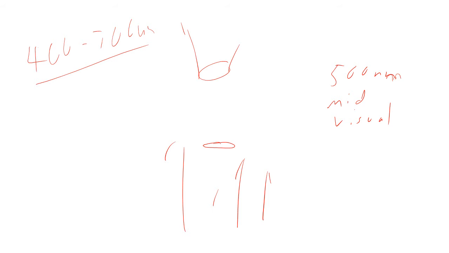Yet another strategy that you can do is put a drop of oil right here. The oil has an index of refraction bigger than air. So the index of refraction of oil might be 1.4 or something. The higher the index of refraction, the shorter the wavelength.